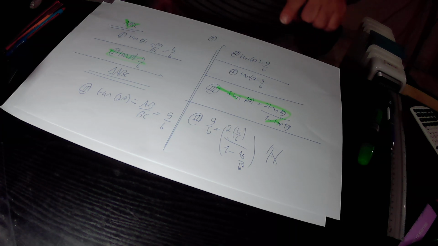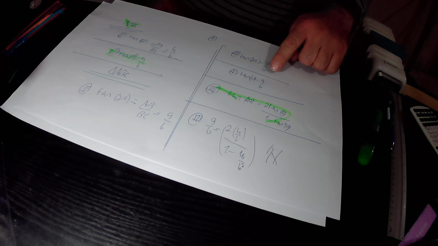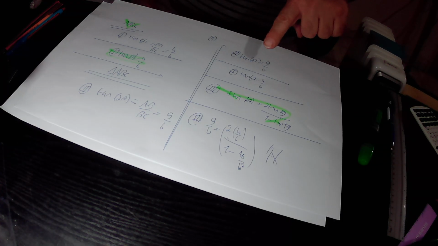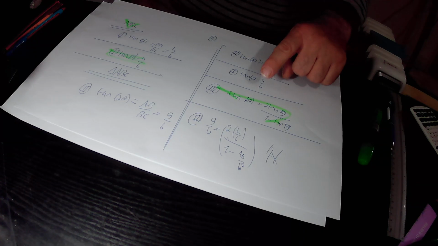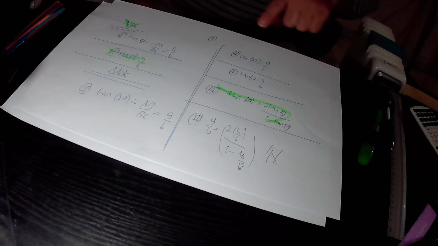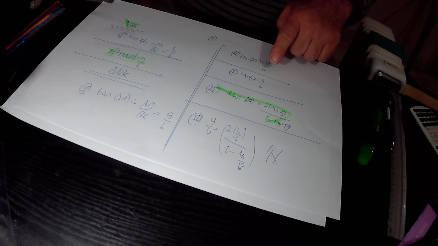So we substitute tan 2 theta by 9 over B, and tan theta by 4 over B. According to equation 3, 9 over B equals 2 times tan theta, which is 4 over B, over 1 minus tan square theta. Since tan theta equals 4 over B, tan square theta is 4 squared, 16, over B squared.